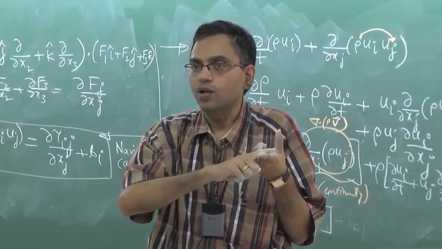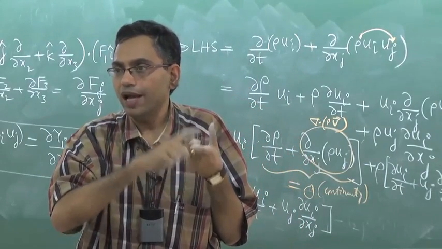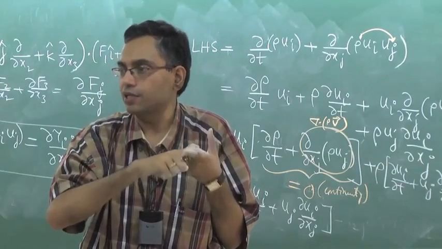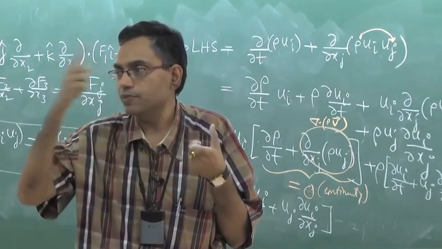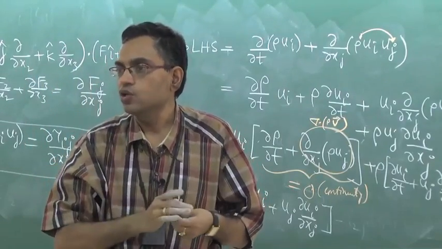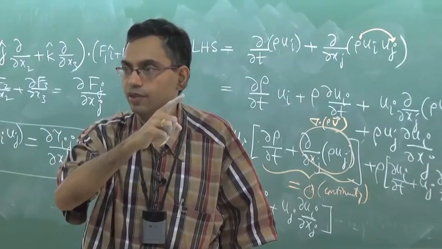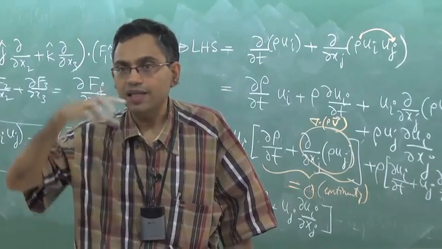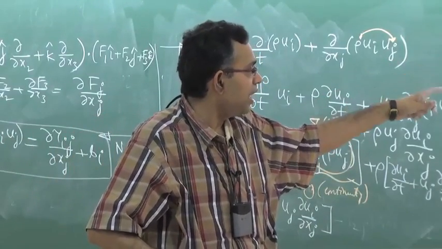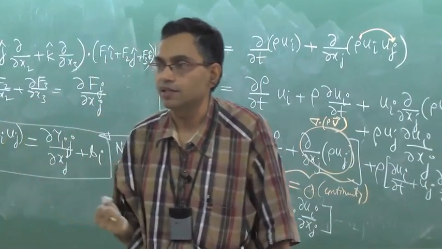For example, when we discussed Cauchy's theorem, we had the normal vector and the traction vector. The normal vector was mapped to the traction vector by means of the second order tensor. So a second order tensor maps a vector onto a vector. Similarly, there is something which will map the second order tensor E to the second order tensor tau, and that is a fourth order tensor.